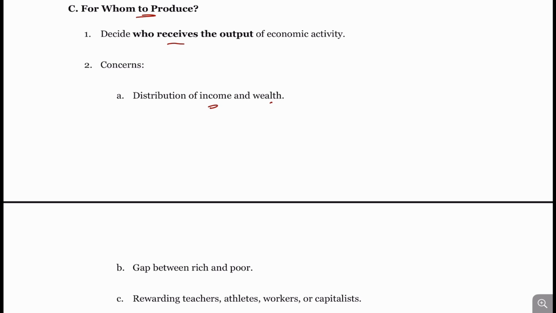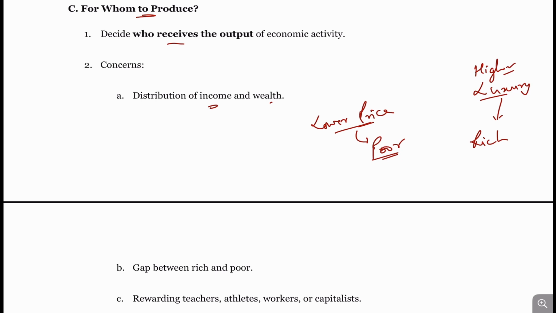So if a person is poor, then lower priced goods should be made for that person. If a person is rich, then he may afford luxury. He will want the price to be higher, right?